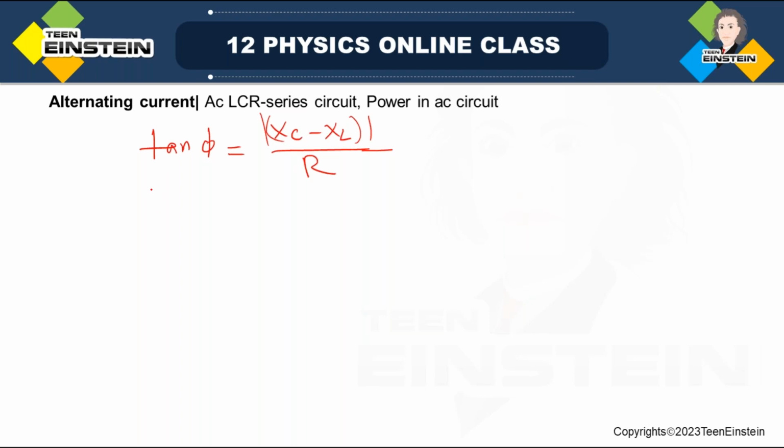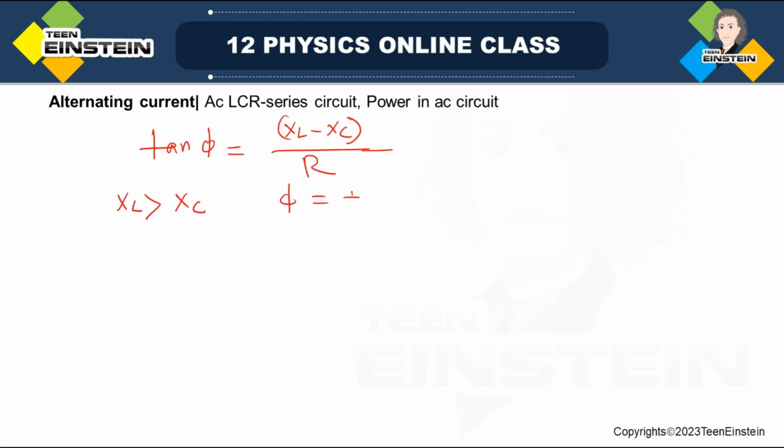Let me just tell you one thing here. If we keep the uniformity of the definition of tan phi, we can write XL minus XC. When XL is greater than XC, then phi is positive.